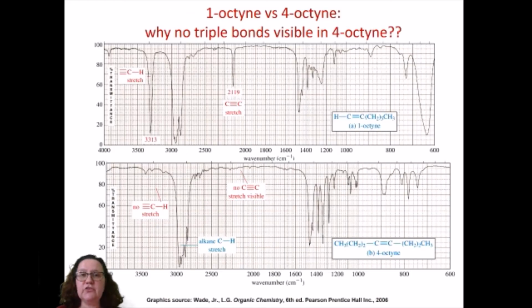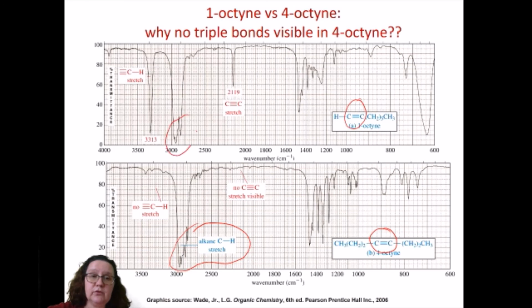This is an interesting comparison between 2 infrared spectra, both corresponding to octyne, 2 isomers of octyne. In the top, the triple bond is in a terminal carbon, and in the spectrum at the bottom, the triple bond is in the middle of the molecule, in carbon 4. And as you can see, you can observe the alkane carbon-hydrogen stretches in both, because you have plenty of sp3 carbon-hydrogen bonds in the structure.